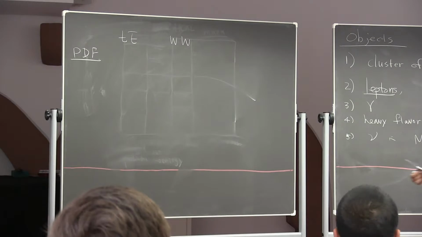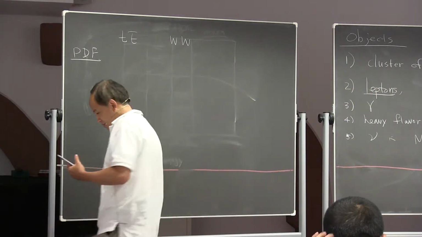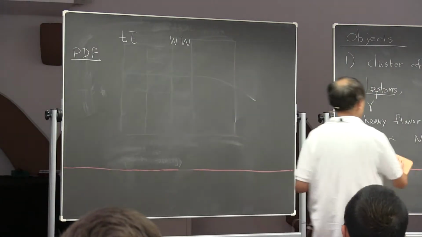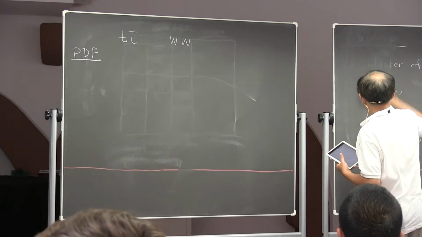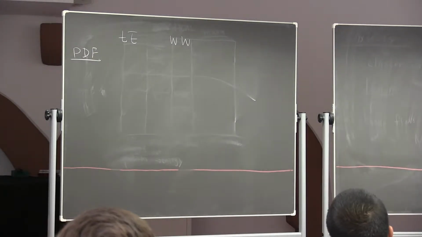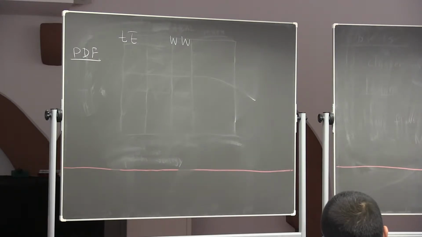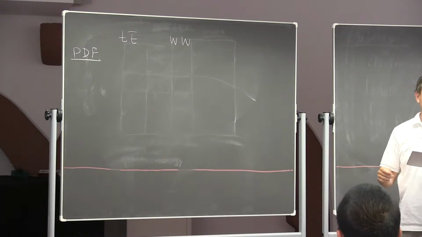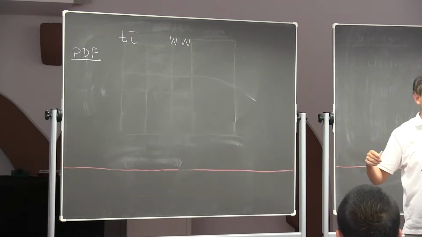Let me actually draw something. TT bar. How is TT bar produced?